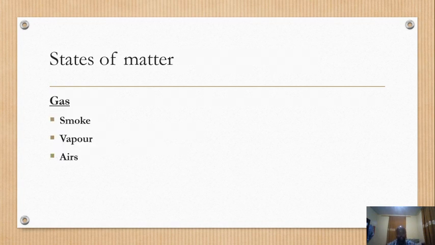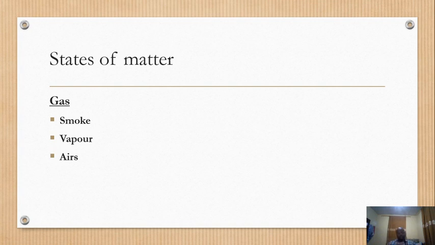States of matter form three. Gas. Matter can also exist in a gas form, like smoke. If you burn something and it produces smoke, that smoke is just a form of matter.